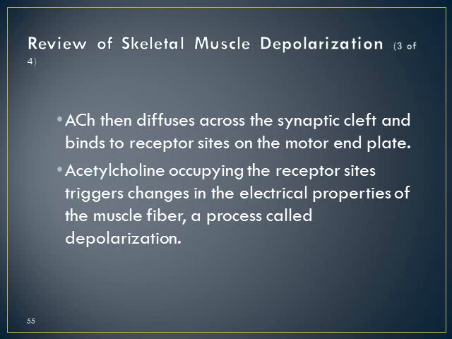Acetylcholine is then going to diffuse across the synaptic cleft and bind to the receptor sites of the motor end plate. This should all be reviewed from pharmacology for you. Acetylcholine occupying the receptor sites triggers changes in the electrical properties of the muscle fibers, and we call that depolarization.